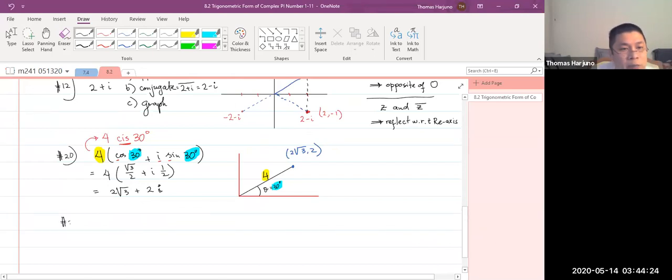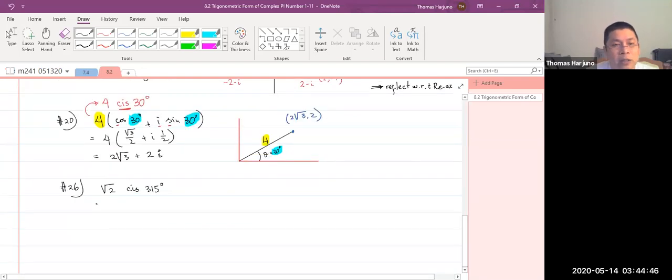Number 26, for example. We have radical 2 cis 315 degrees. What will that be in standard form? We understand the radius is square root of 2.